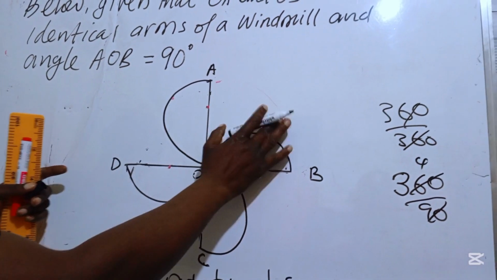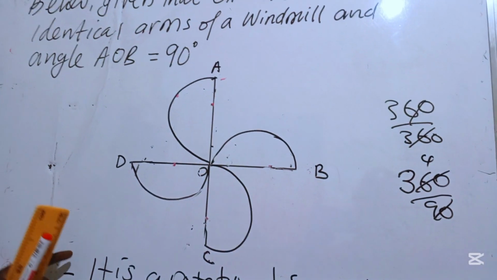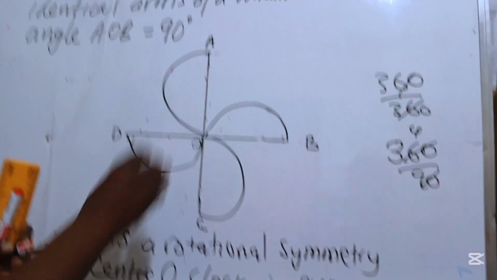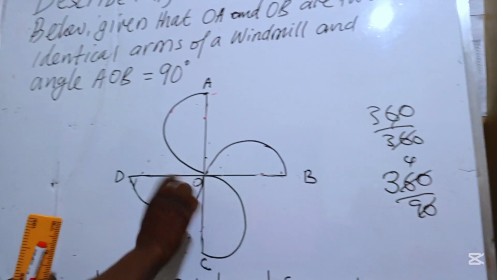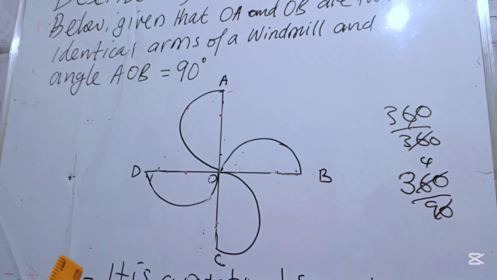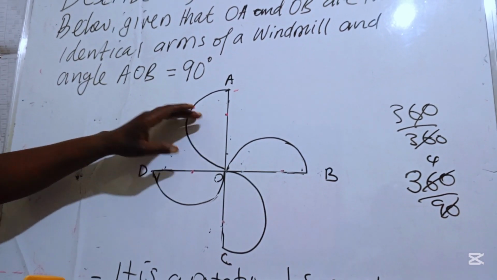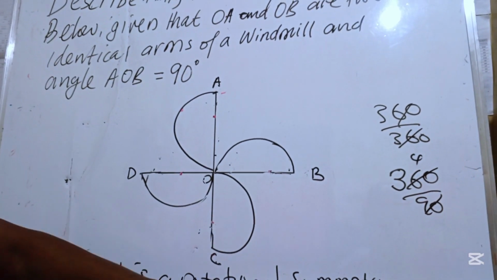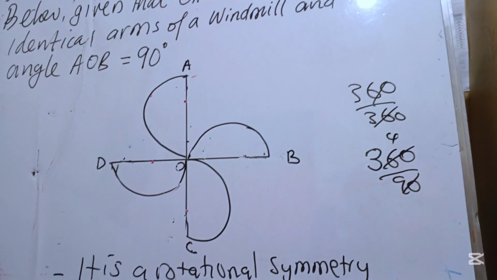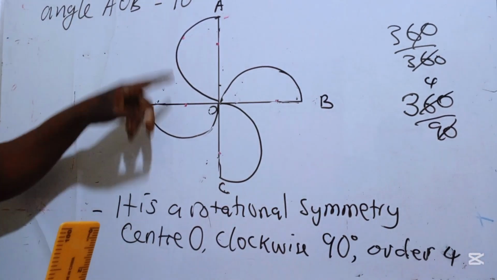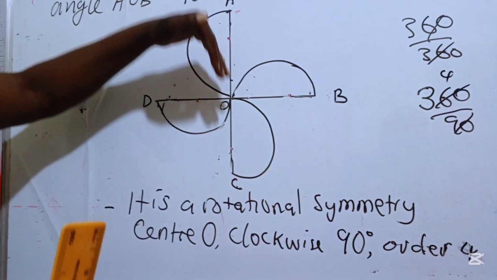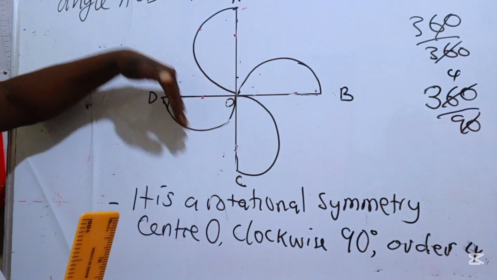So every 90 rotation, it will fit. So it is a rotational symmetry, clockwise 90 degrees, order 4, because they are 1, 2, 3, 4. For it to enter exactly where it came from, it had to move 4 times.